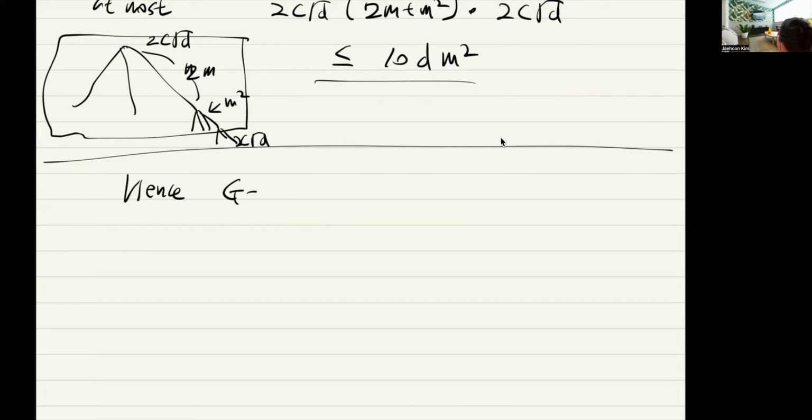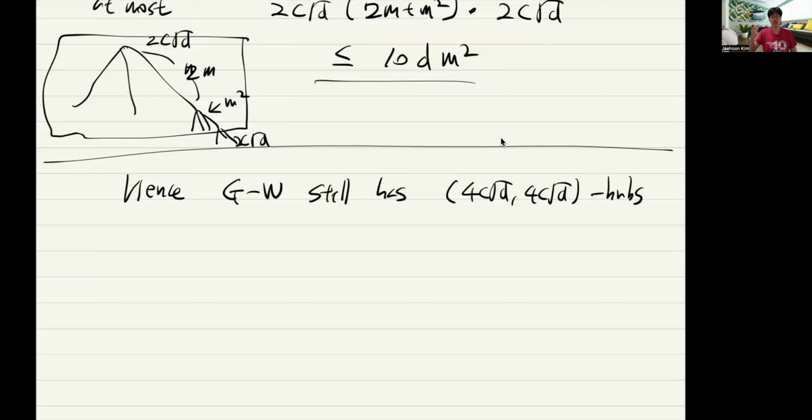Hence G minus W still has the hub, and we find one, and then we again add it to W and then find another one.